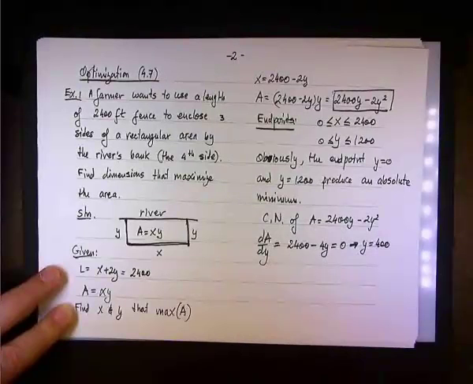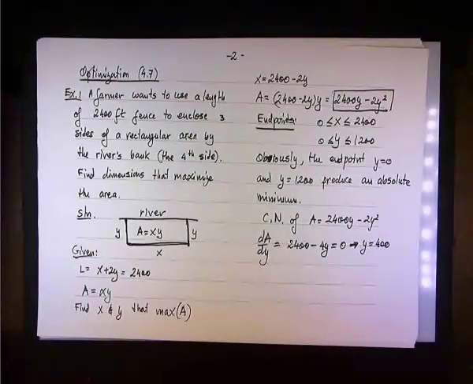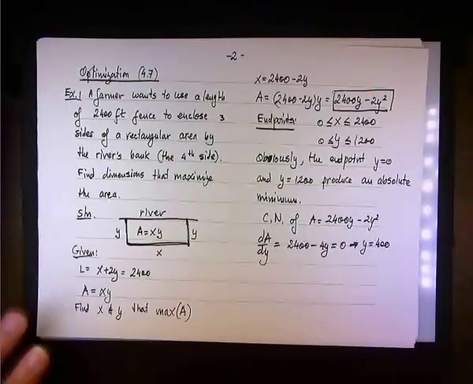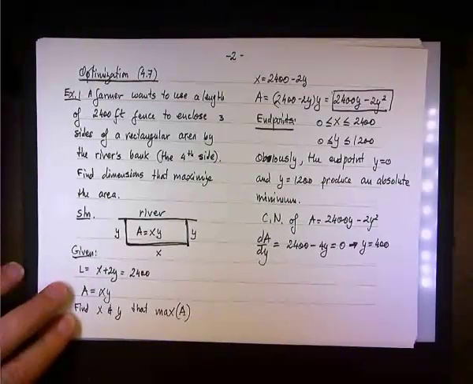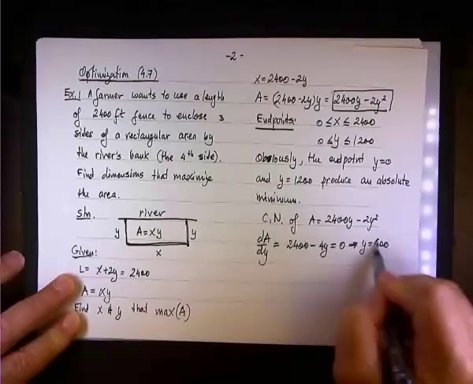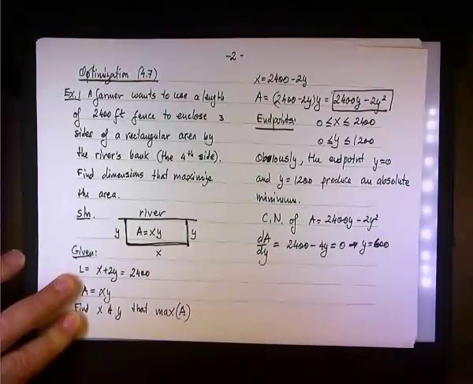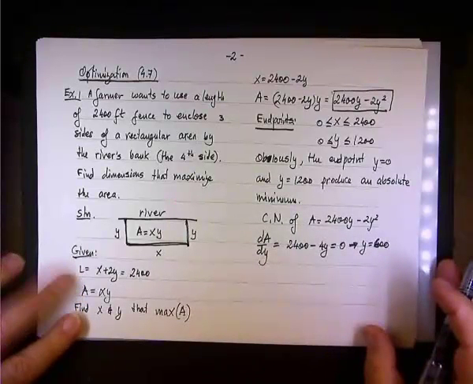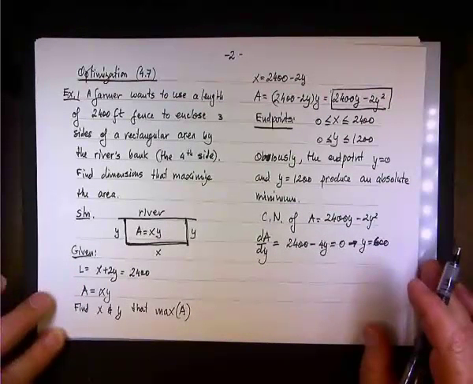So this is the critical number. And now all we need to do is check to see if this produces a maximum. The easiest way to check is by the second derivative test. If the second derivative is negative, then we are good. Wouldn't y equals 600 if you want it to be 0? It says 600. You just don't see well. All right.